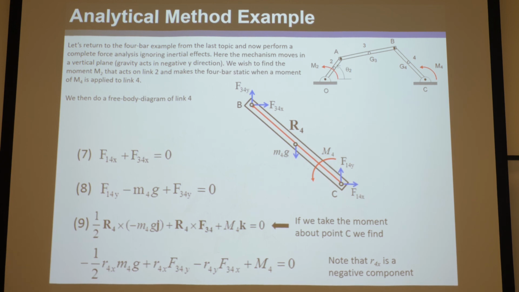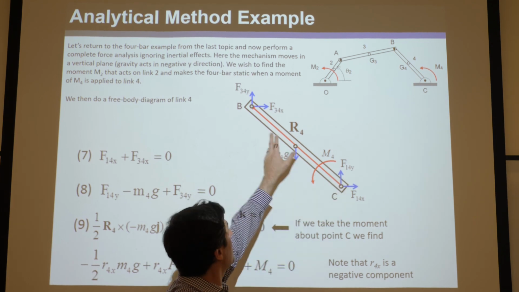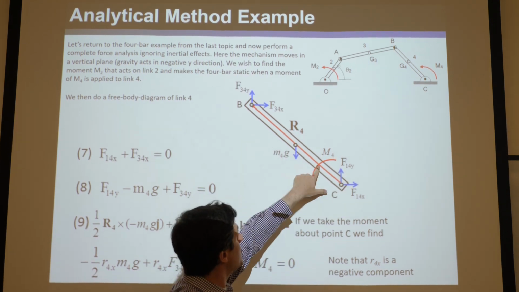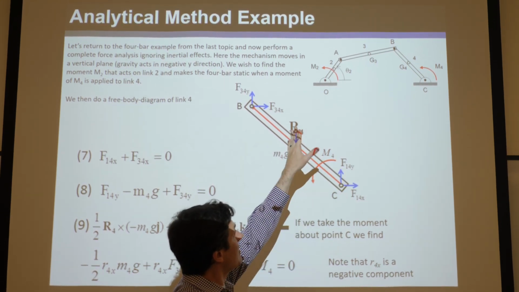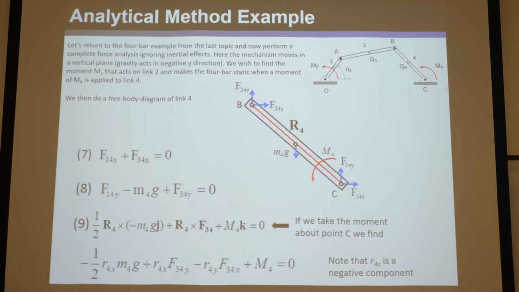that we know are true as long as this is in static equilibrium. Well, the question is how many unknowns? Well, we don't know these forces, so that's 1, 2 unknowns, and we don't know those forces, that's 1, 2. These ones we do know. So basically for each of the links we looked at, all 3 of those links, link 2, link 3, link 4, we don't know the forces at those links.